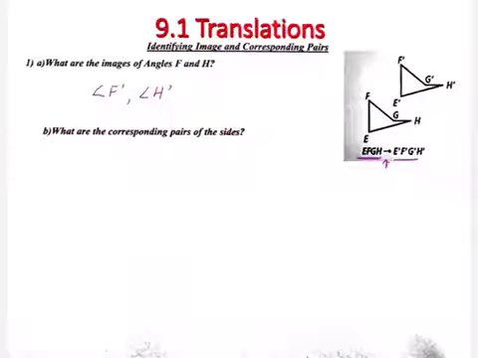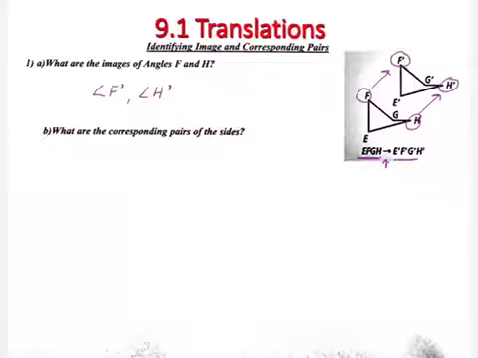They use the prime, or in this case you could say the little mark at the top, to indicate the image. So F was the pre-image, F prime is the image, so it's after the transformation. They slid the point up there. H, same thing, they slid it up, it became H prime.